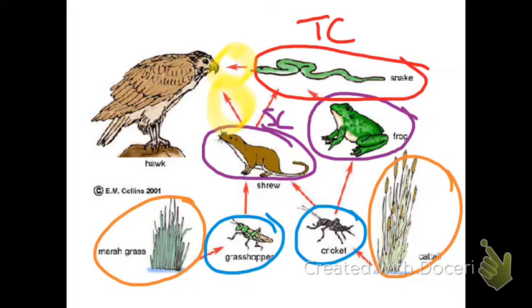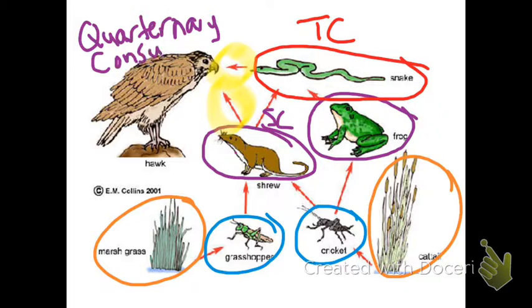So our hawk actually is going to be what we call a quaternary consumer. And this just means that it's the fourth level, above a tertiary consumer, because it's eating a tertiary consumer. So our hawk would be a quaternary consumer because it's consuming a tertiary consumer, the snake.